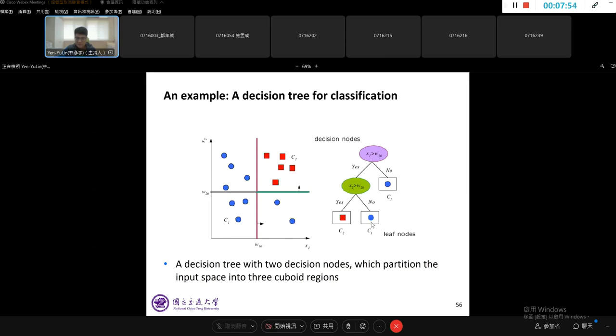So there are three corresponding outputs. So this is the decision region for the first leaf node, for the second leaf node, and the third leaf node. Okay, so here is an illustration of the operation of a decision tree.